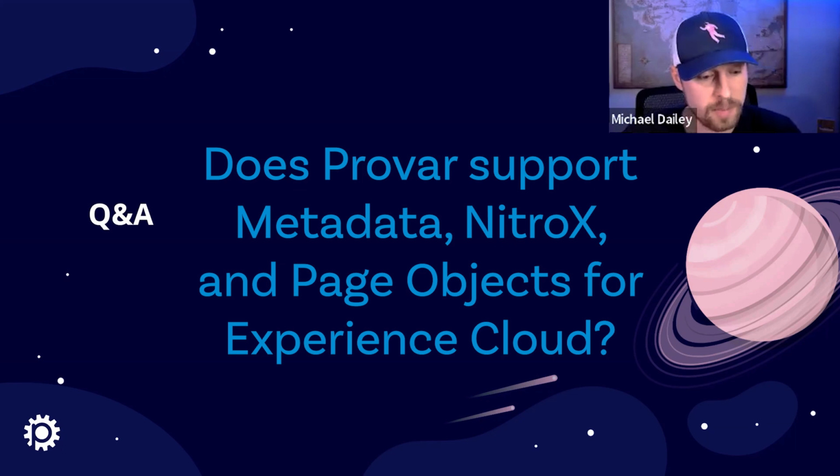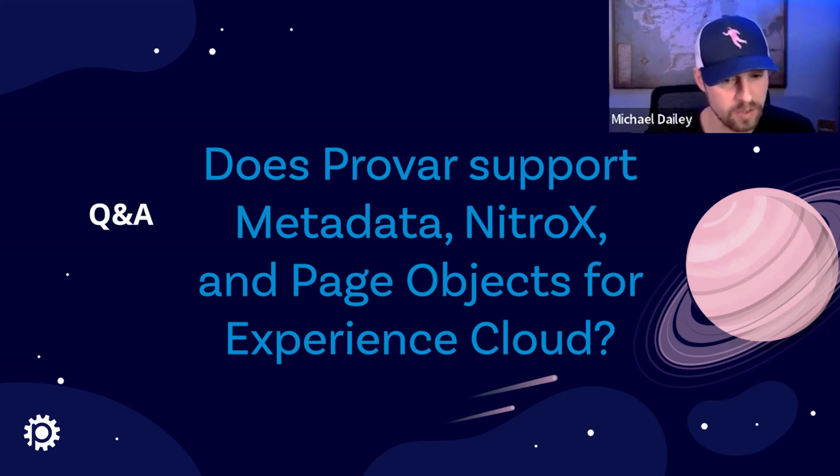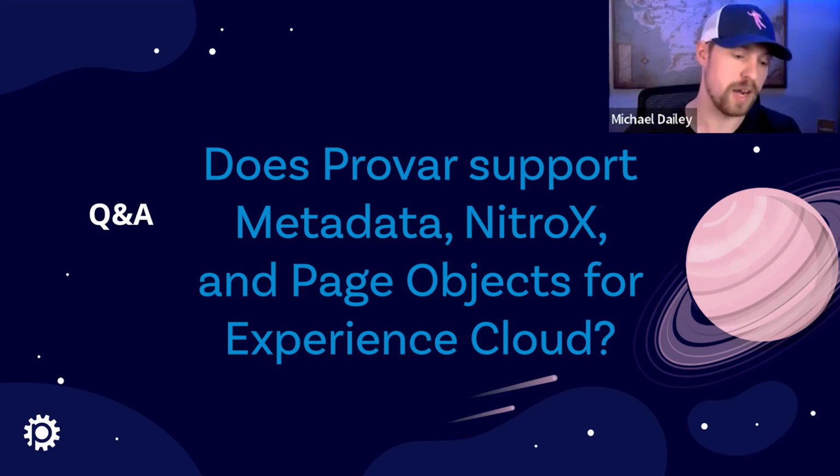In my example, it was a combination of all three. I had some NitroX, and for those of you that don't know what NitroX is, it's Provar's proprietary framework for handling Lightning Web Components and Screen Flows and things like that, which are present in Salesforce and Experience Cloud. So we have that out of the box.